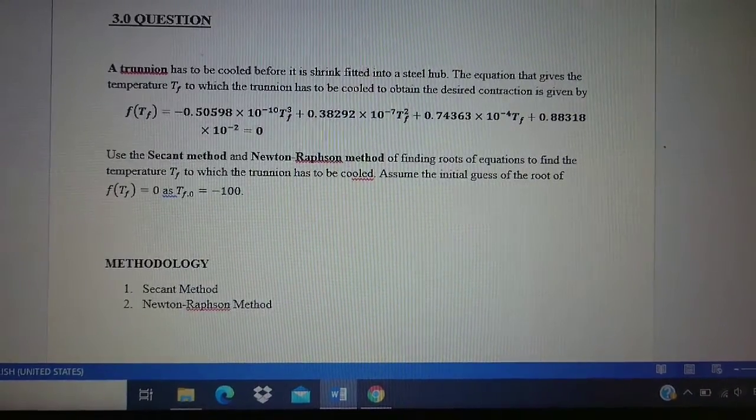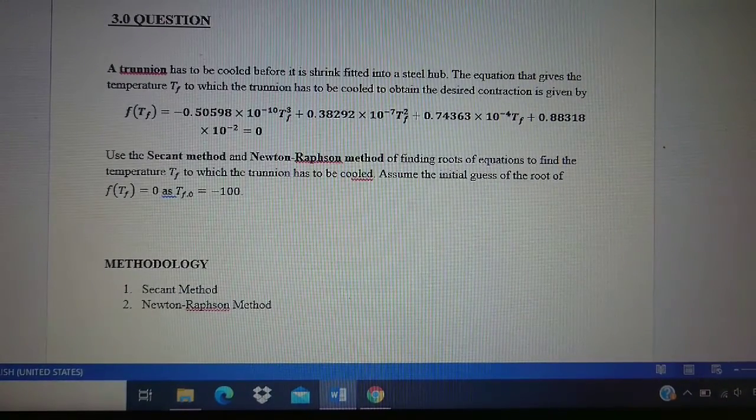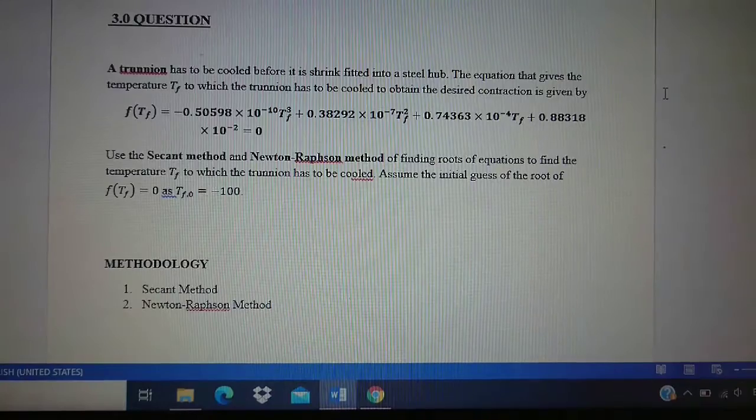The question says a trunnion has to be cooled before it is shrink fitted into a steel hub. The equation that gives the temperature Tf to which the trunnion has to be cooled to obtain the desired contraction is given by this function.